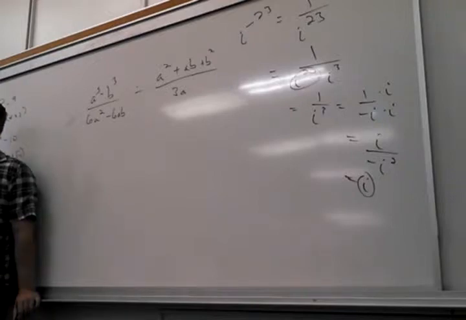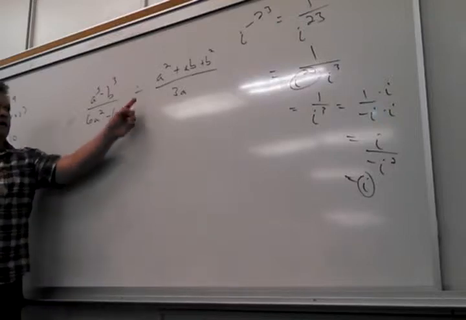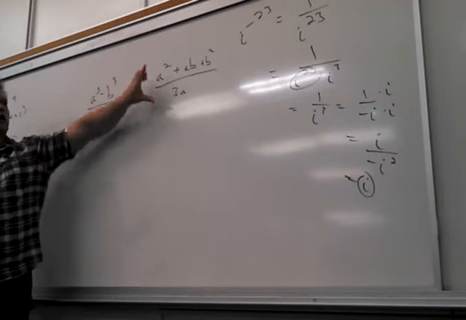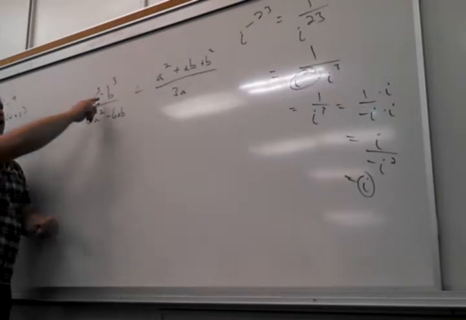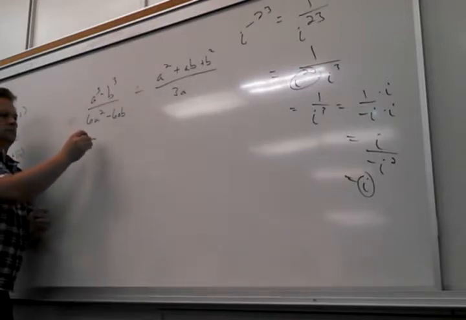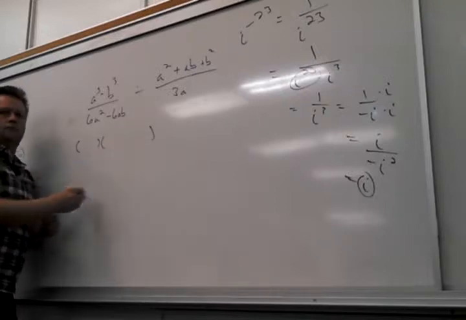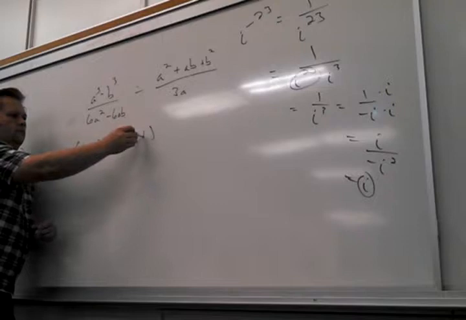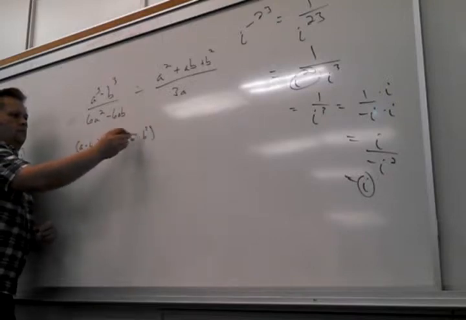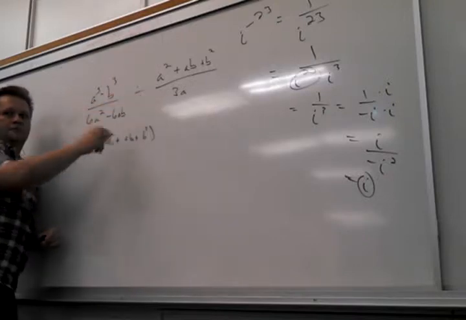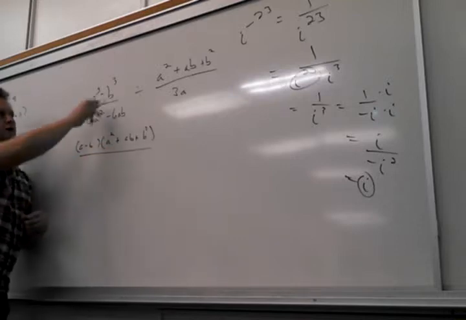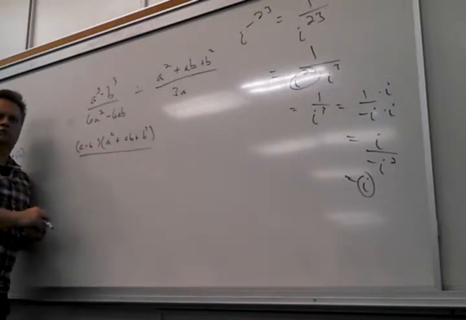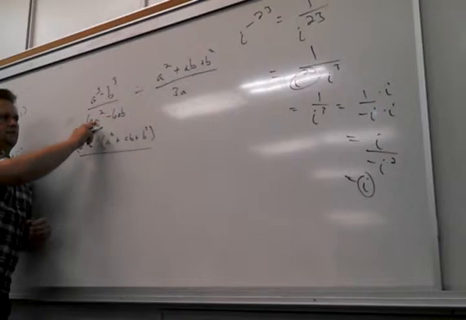Now how would you do this problem? Factor first. In the meantime, I can also multiply by the reciprocal, right? How do you factor the top here? a minus b times a squared plus ab plus b squared. Those are cubes. Little, do big, do. Switch and multiply, they kill each other.